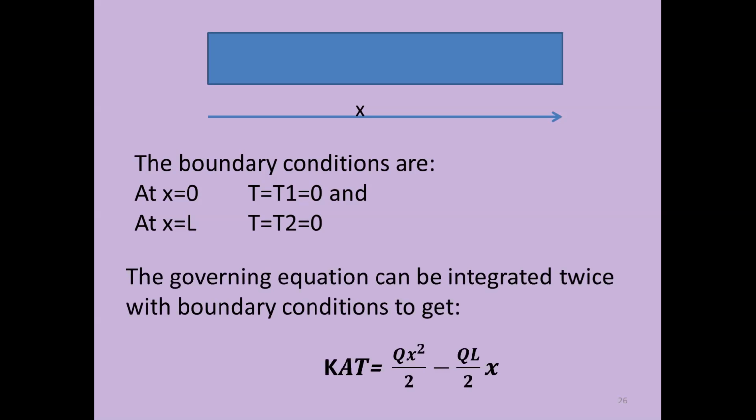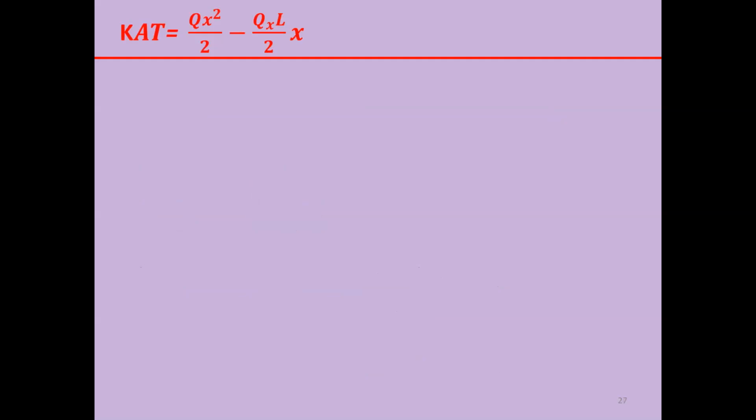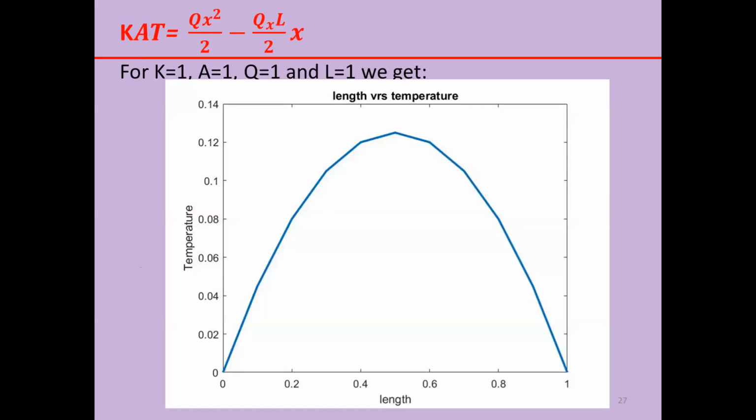The same expression was obtained for the case of a bar, and we get the same expression for the case of the fin over here. This can be plotted for the assumed values of K, A, and Q, which again is symmetrical with respect to the central axis.